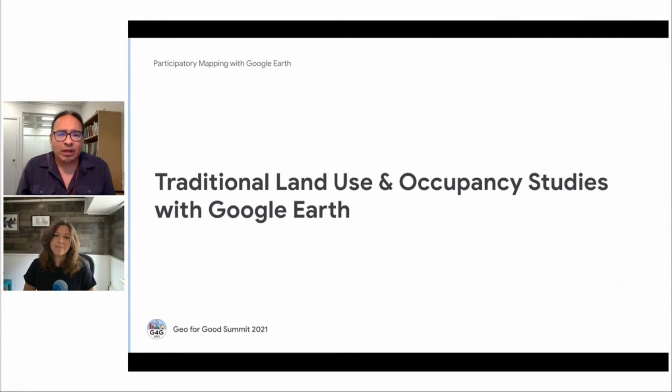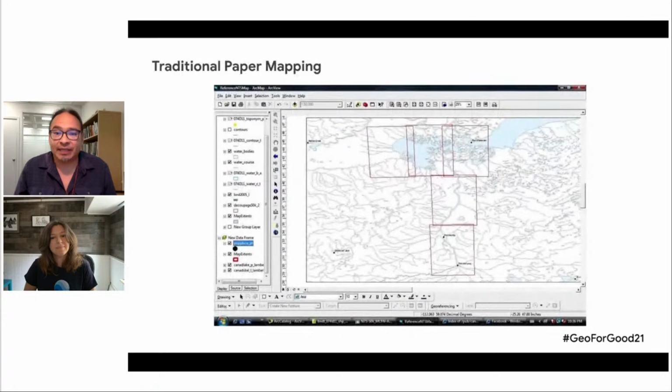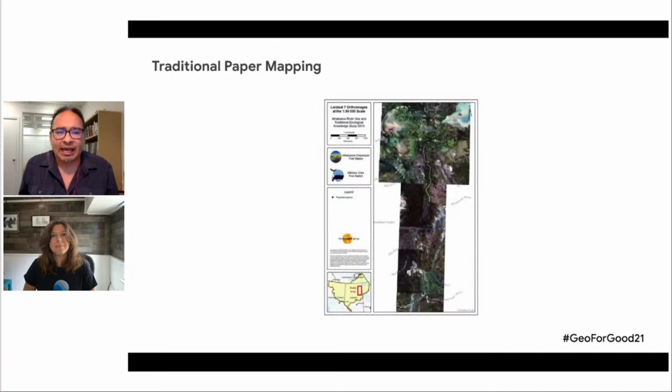So we work in this realm of traditional land use and occupancy studies, and we use Google as our base map. And historically, what we used to do was we'd have to create these custom base maps. This is an example of an area up in northern Alberta in Canada, where we had to create pretty large base maps, and we integrated satellite imagery.